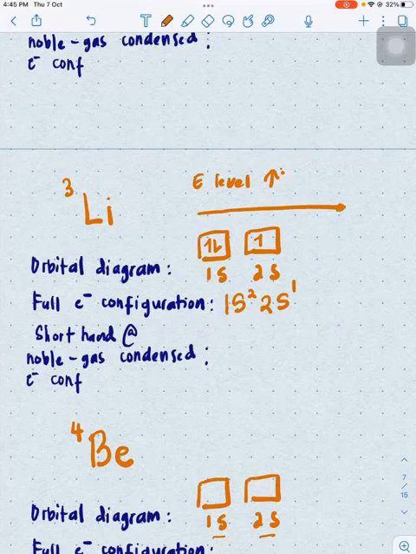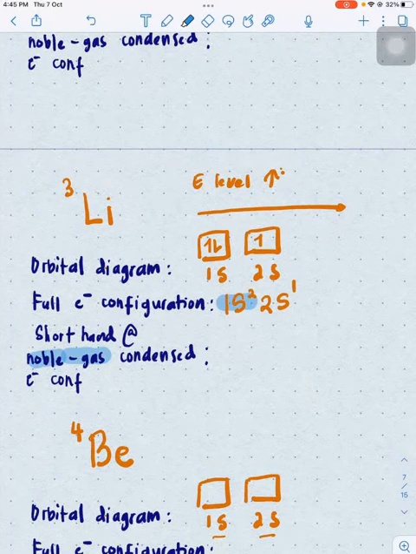Okay. So now, the shorthand notation. So, disebabkan oleh namanya adalah noble gas tau. So, untuk buat condensed electron configuration, kita cuma boleh guna noble gas sahaja. Kita tak boleh guna elemen lain tau. So, dalam kes ni kalau kita tengok, dia punya lithium, dia punya electron configuration ada 1s2 2s1. Yang mana kita tengok dalam periodic table tu, the closest noble gas to the lithium adalah helium.